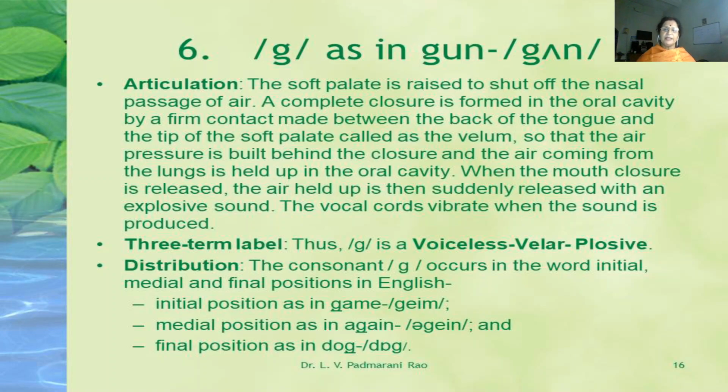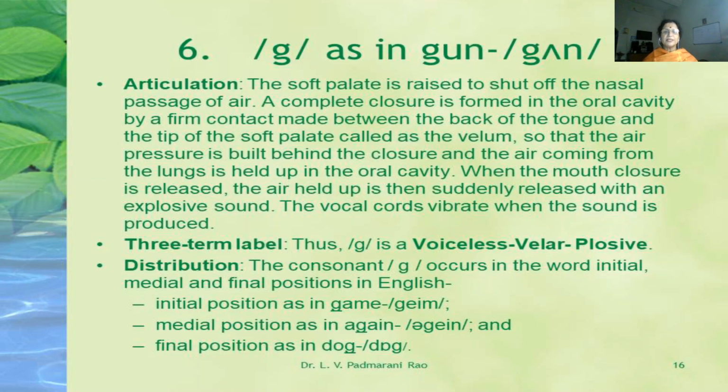So the three-term label for describing the G sound is: it is voiced because the vocal cords vibrate. It is velar because the soft palate or velum is involved in the production of it, and it is plosive because the air is held up within the oral cavity and is released with a sudden explosive sound.